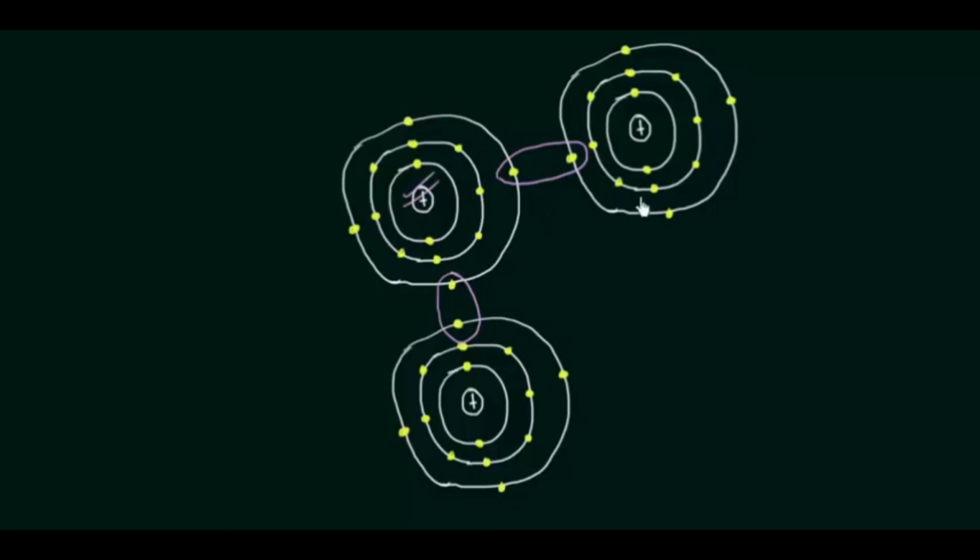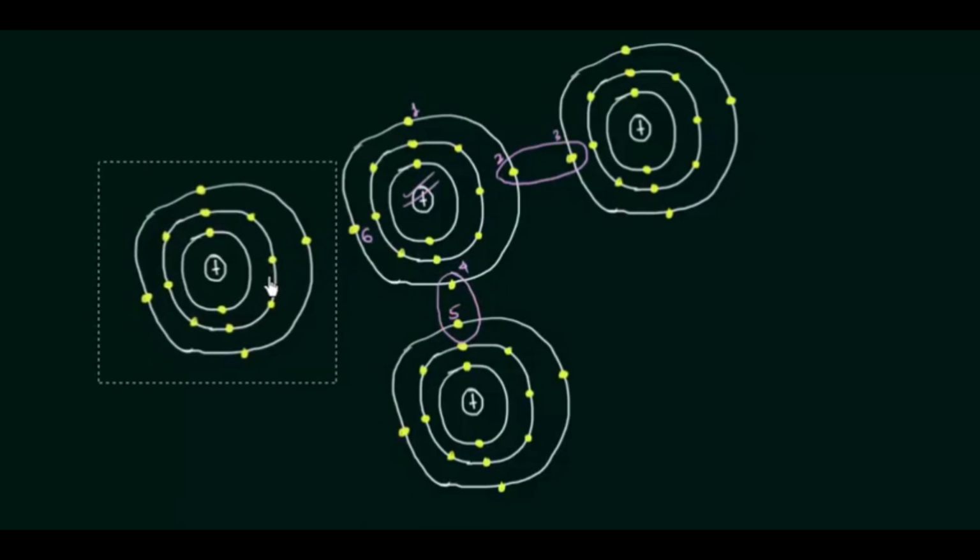We don't have to see for these 2 atoms. We will see for this atom. We will try to have 8 electrons in the outermost orbit of this atom only for now. And you can see we have 1, 2, 3. This electron is shared. 4, 5, 6. Okay, so we have 6 electrons. We need 2 more.